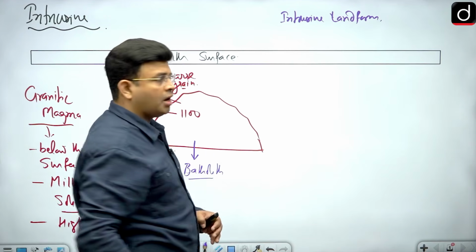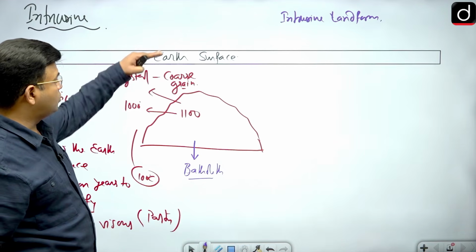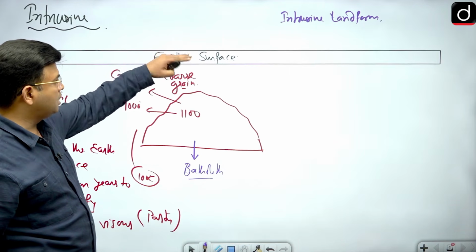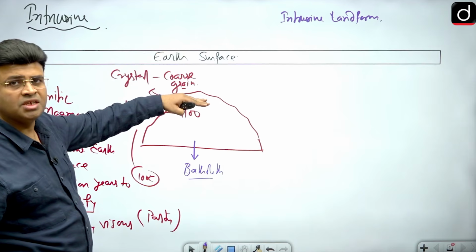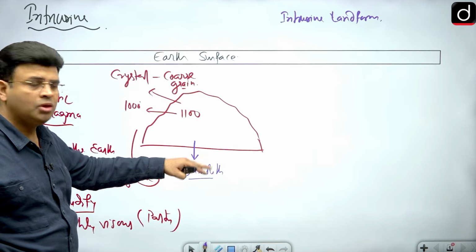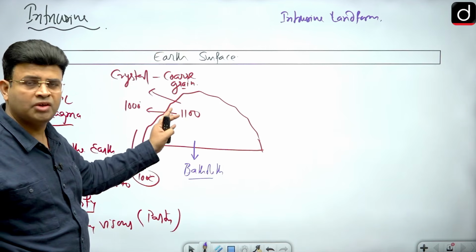It is very hard and very large, and by eroding the upper surface you can see the top of it. It is a source of minerals, iron ore, different kinds of things.